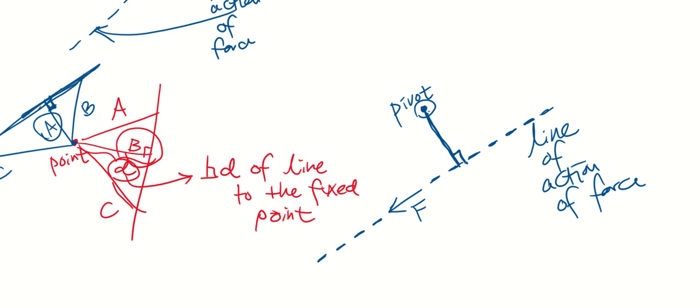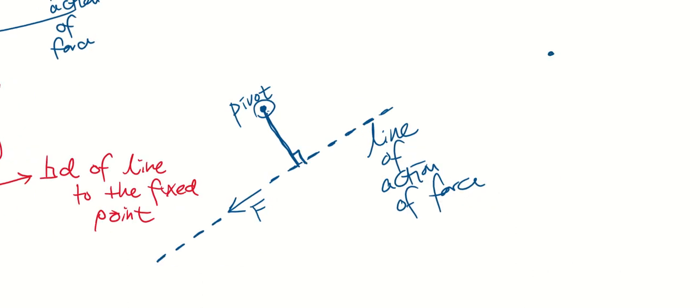What you have seen me do is draw my line of action of force, and it's very simple. But if you don't draw your line of action of the force, a lot of you will think that this is the perpendicular distance.